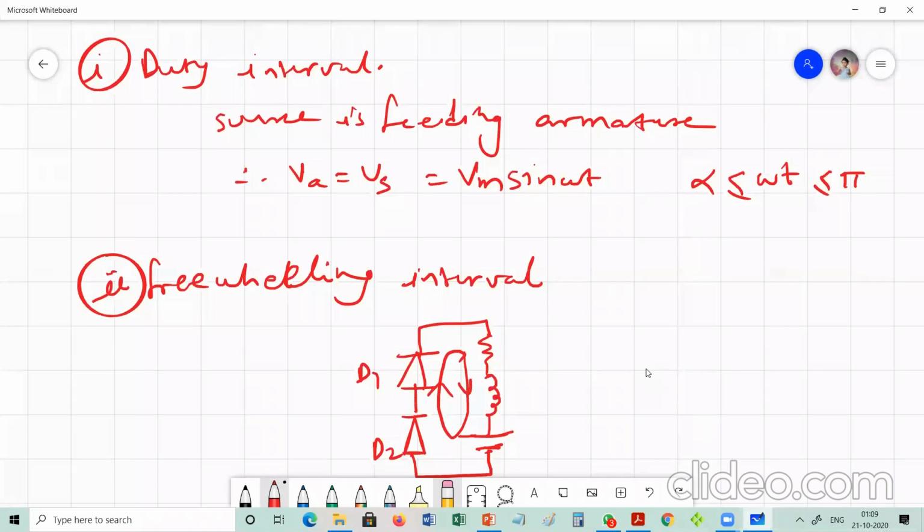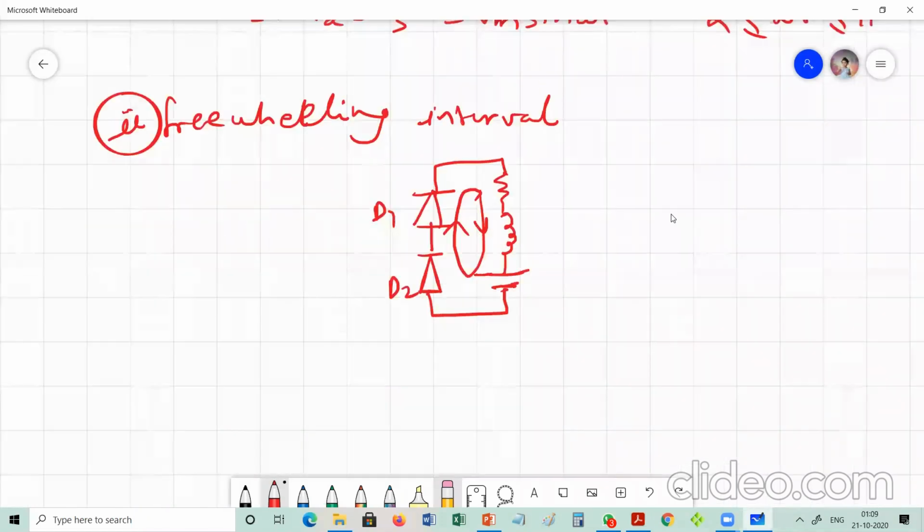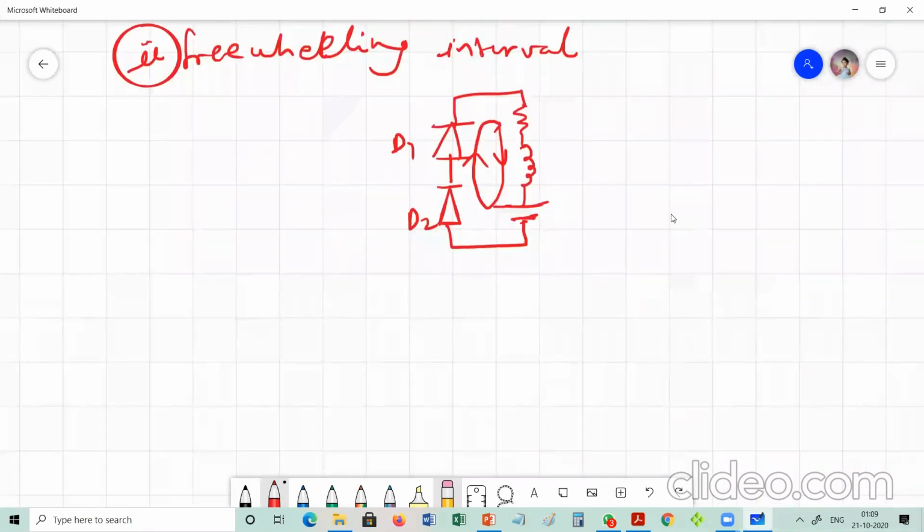So from this, when you apply KVL, this is the armature resistance RA, this is inductance LA, this is back EMF E. But voltage VA is equal to 0 because the load is short circuited through diodes D1 and D2.